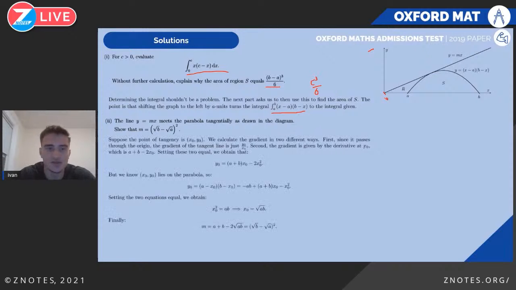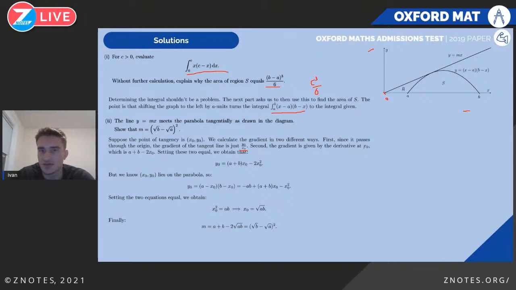We just have to use all the information we're given. This is probably a straightforward thing for all of you, but we'll just say it quickly. Since it passes through the origin, what's the gradient of the line? The gradient is given by y0 over x0, change in y over change in x.